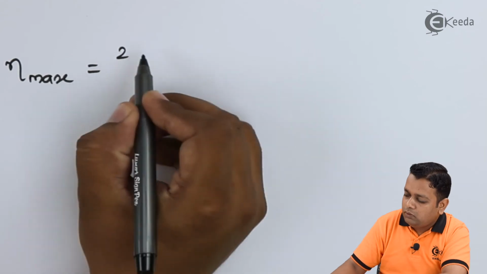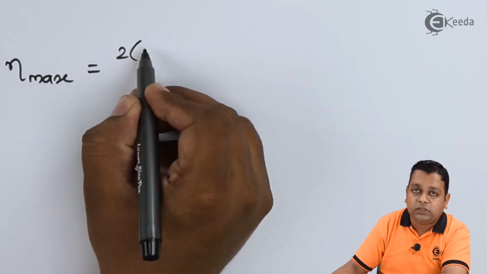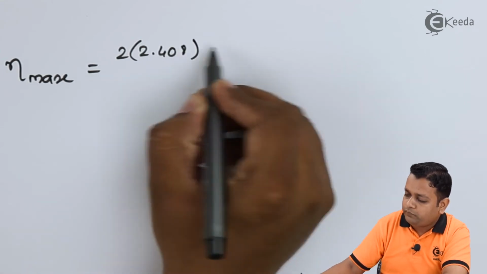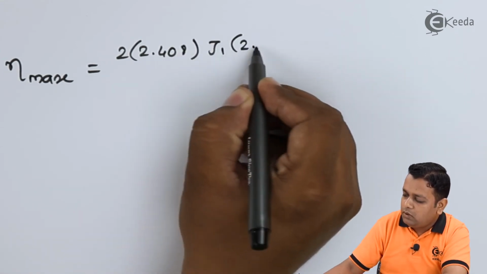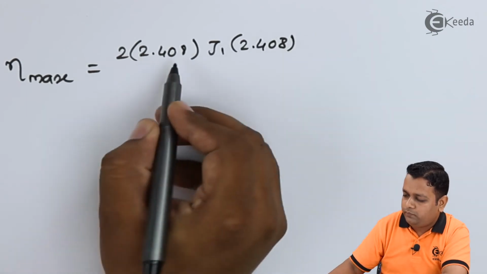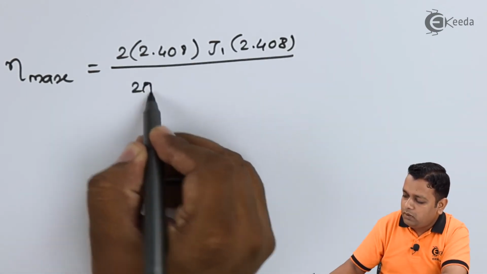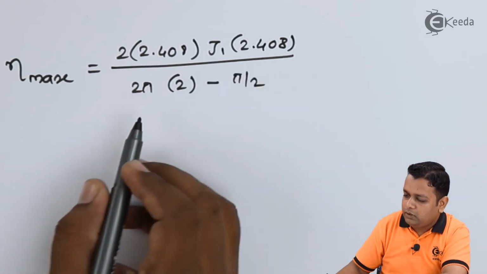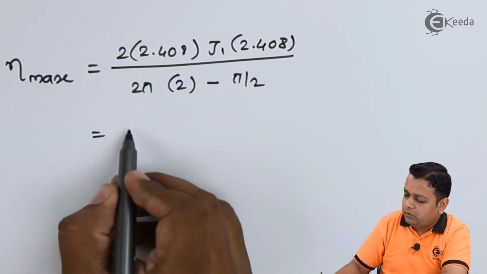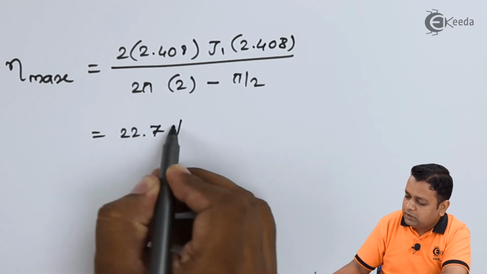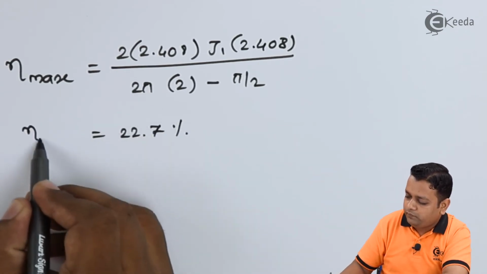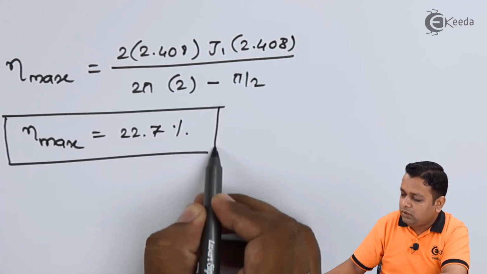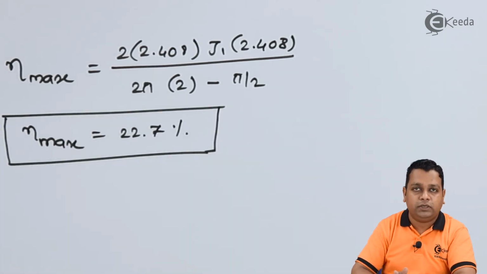It will be equal to 2 in the bracket, the bunching parameter value 2.408 into J1 of 2.408 divided by 2 pi in the bracket 2 minus pi by 2. If we take the case, it will be equal to 22.7%. So this is the maximum efficiency for the reflex klystron oscillator.